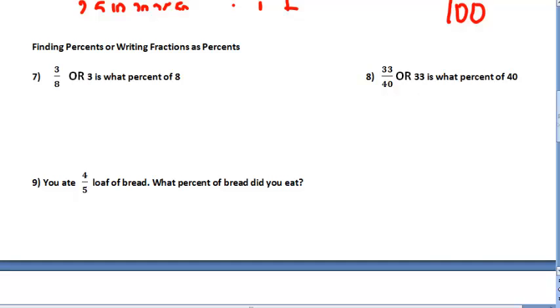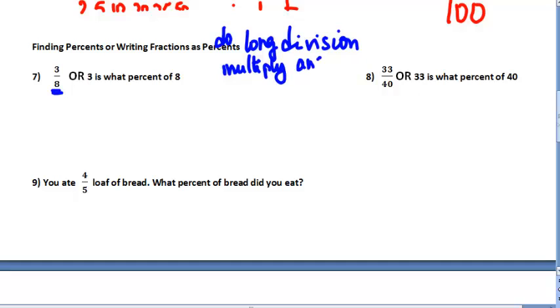In this case, it is an 8. In this case, we do a long division, and then we multiply the answer with 100 to get the percent. That's all we are doing.